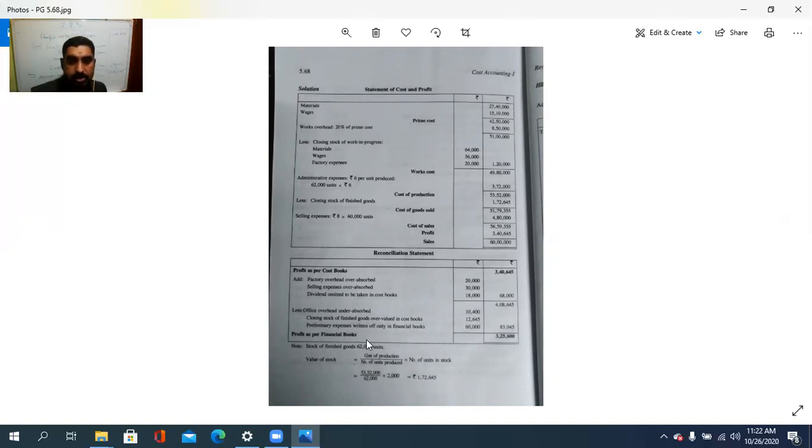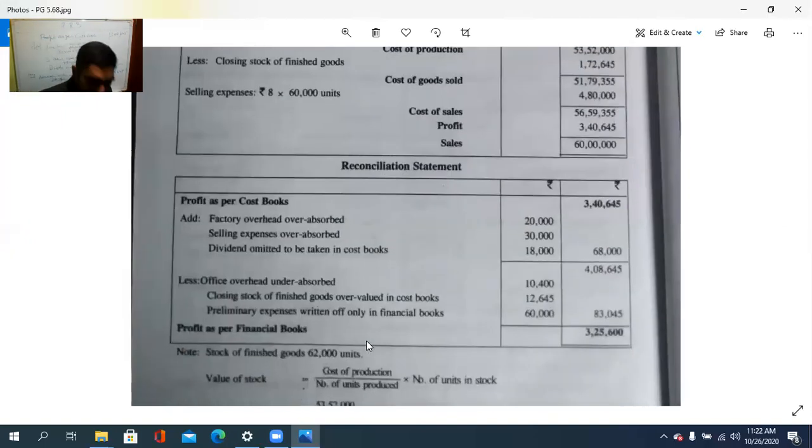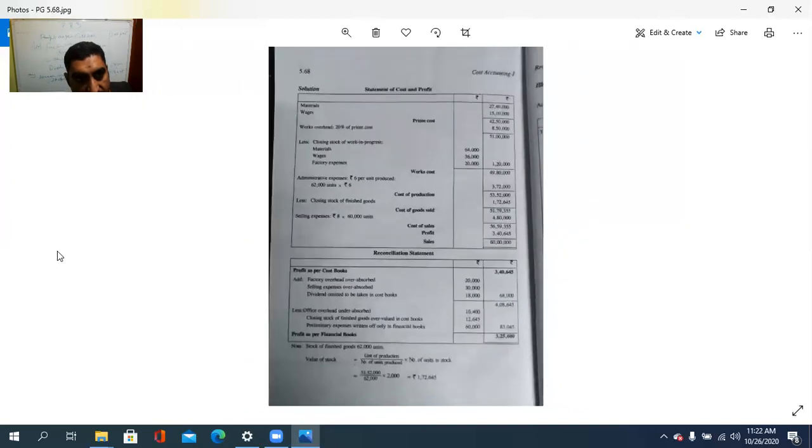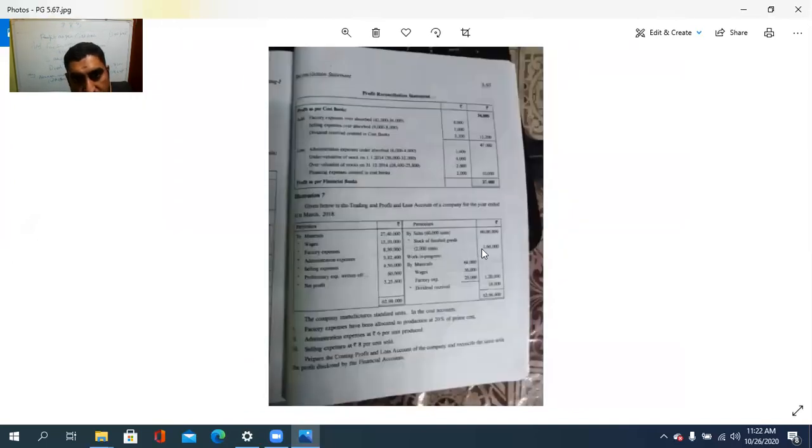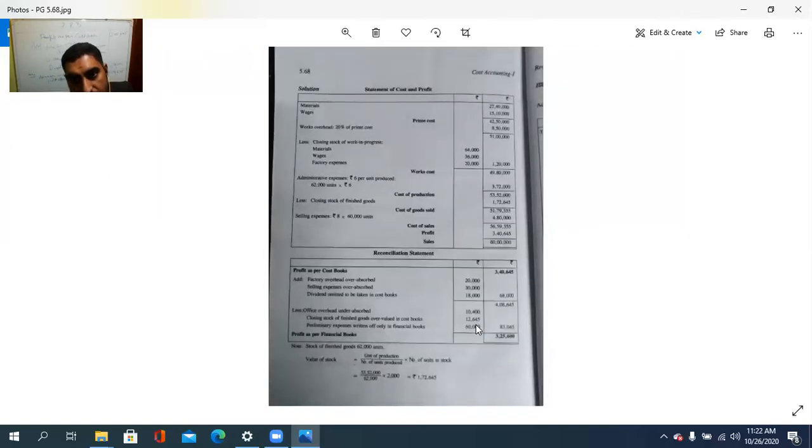Then another item is closing stock of finished goods overvalued in cost books. Why is it overvalued? Here it is 1,72,645. Clear? While in the financial books, how much is the closing stock? 1,60,000. So 12,645.